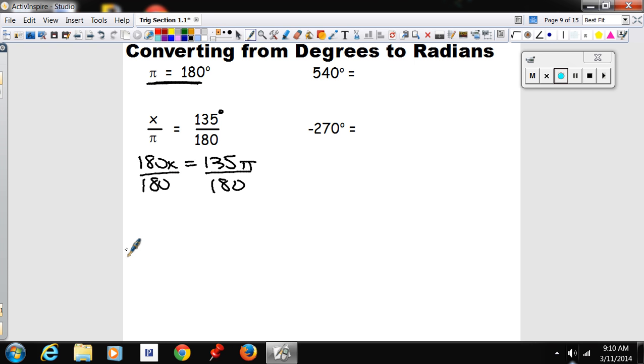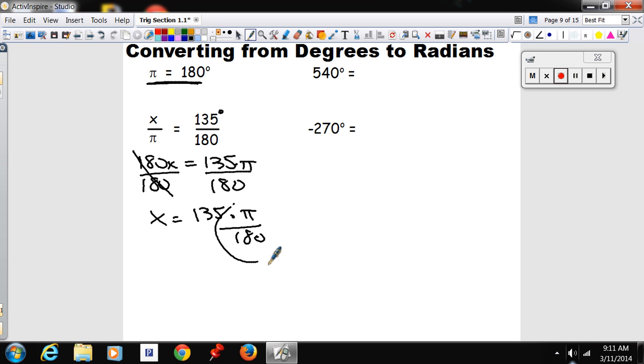And really what I did here, and I'm going to break it into two pieces just to show you. You normally wouldn't have to do this, but these would cancel out. And I'm going to break this into 135 times pi over 180. Because I'm multiplying 135 times pi and I'm dividing it by 180.